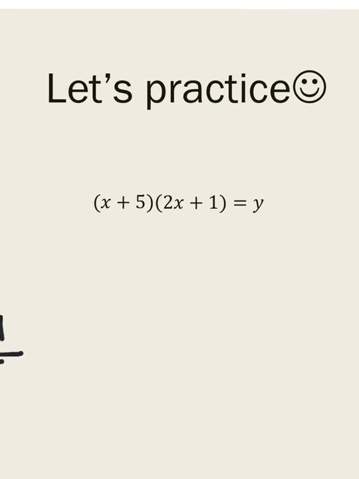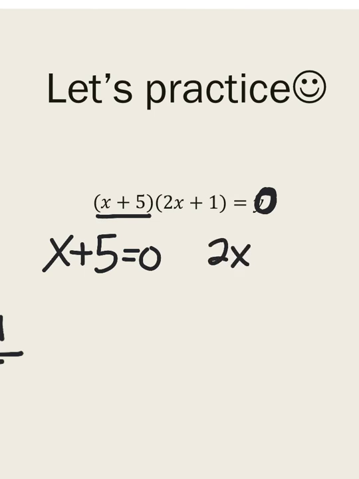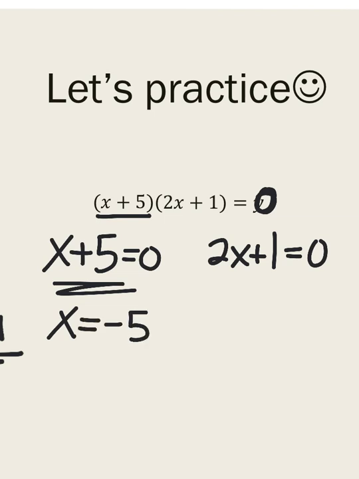Here we have two factors. Here they are. First, we got to set this equal to 0. So x plus 5 has to equal 0, or 2x plus 1 has to equal 0. This one I can see in my head. x is equal to -5, because -5 plus 5 is 0. This one I can't. So I'm going to go ahead and go 2x plus 1 is equal to 0 and use my opposite operations to find out what x has to be.